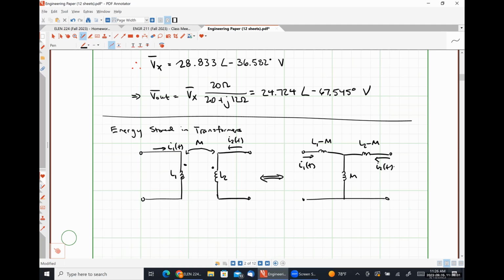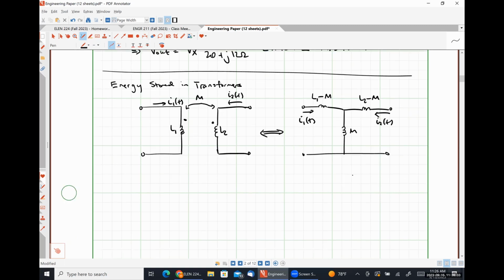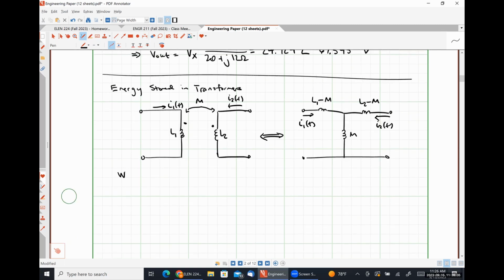So the energy stored by our transformer as a function of time is going to look like 1/2 times L1 I1 of t squared. So that's from our first term.